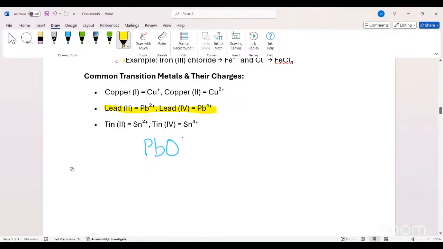I'm highlighting the potential lead names that you all can use here. I want you all in the comment box to write out the name of this formula right here.